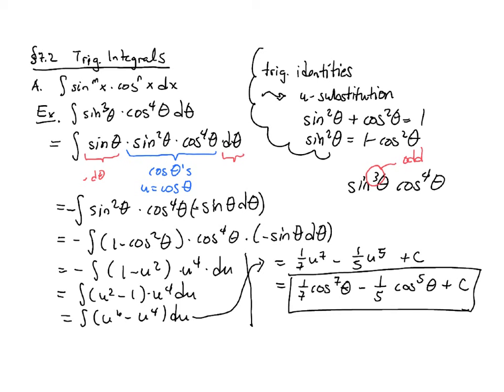So in summary, with your power of sine and power of cosine integral, you're going to have three possible flavors.